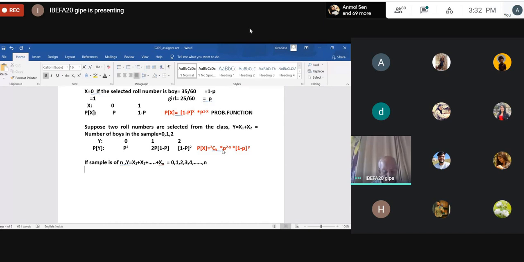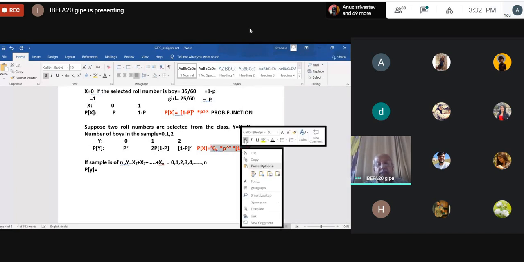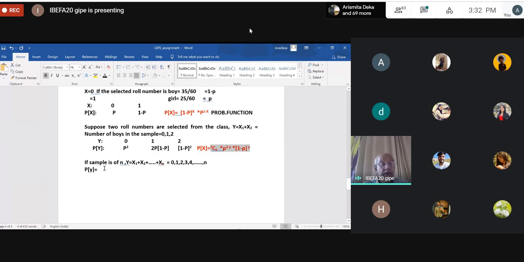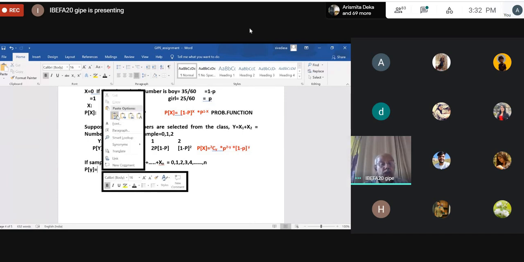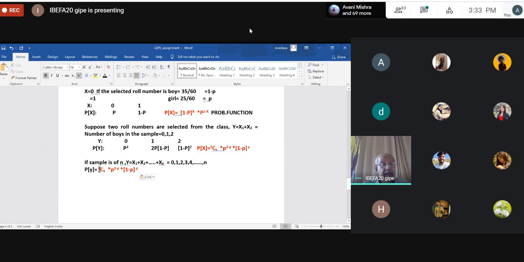So here my probability function of y is equal to the same, but instead of 2, I have n: nCy, p to the power y, and 1 minus p to the power n minus y.